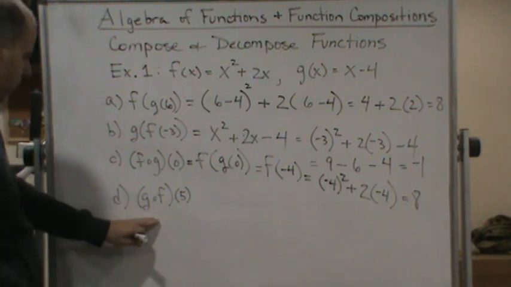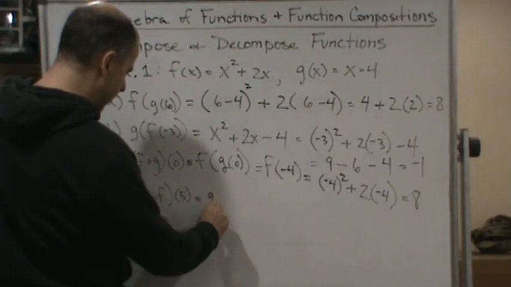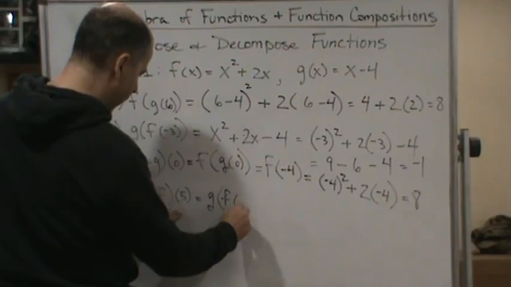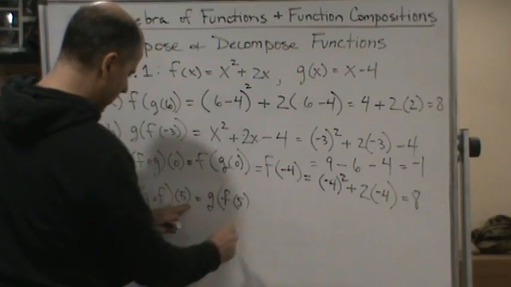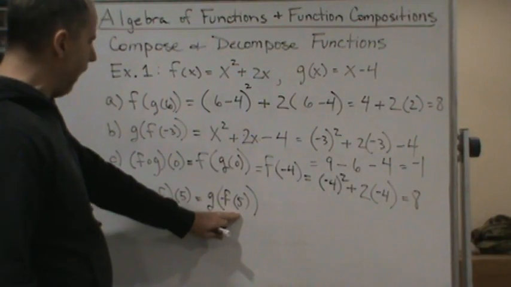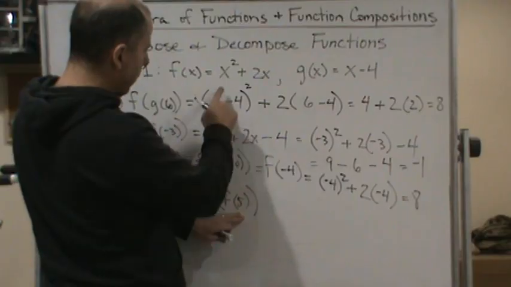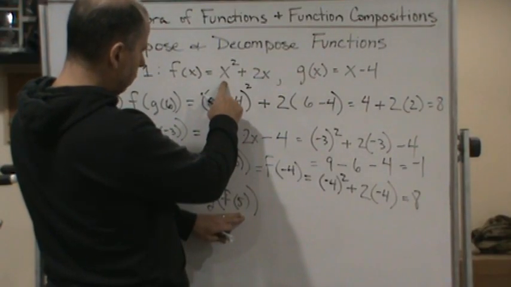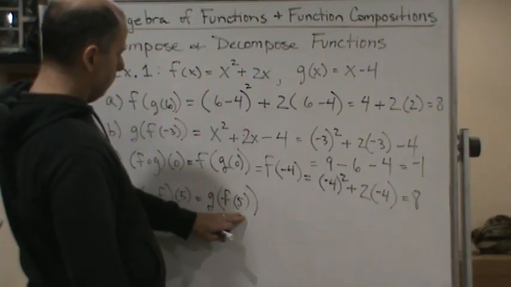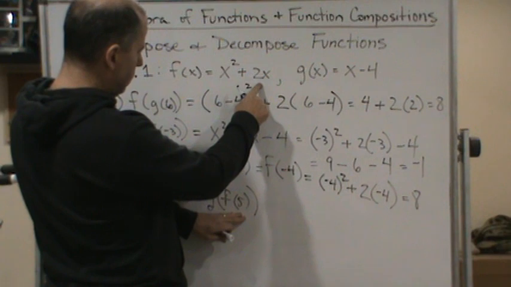And now g circle f, well, g circle f by definition is what? g of f of what? 5. Because they want g circle f of 5. Well, what is f of 5? Well, f of 5 is 5 squared plus 2 times 5, right?